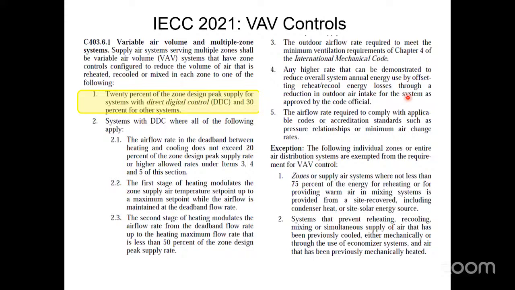So there's an exception for VAV, and basically the way the exception works, it's all written on the screen here, but it's pretty wordy. Essentially what has to happen is before you energize your local zone heater, before you turn the electric heater on or open your hot water valve in that particular zone, you have to first modulate the zone damper back. You can't just leave it wide open and then turn the heater on. You have to first try to solve the problem by modulating the damper more and more and more closed, right?